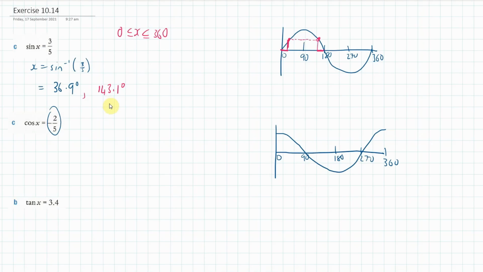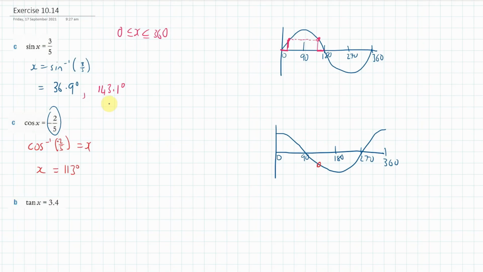So what we do, therefore, is we go the inverse cosine of 2/5 is equal to x. Oh, sorry, that should be negative 2/5. So we go inverse cosine negative 2/5, and you'll find you get 113. So that's about here.